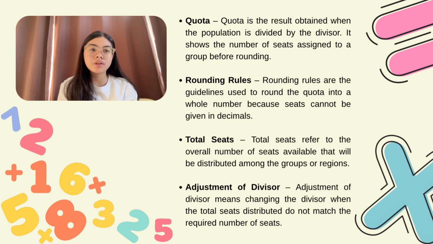Adjustment of divisor means changing the divisor when the total seats distributed do not match the required number of seats. This means we change the divisor if the total seats given are more or less than the required number. So, understanding these terms helps us know how seats or representation are fairly divided based on population. Thank you.